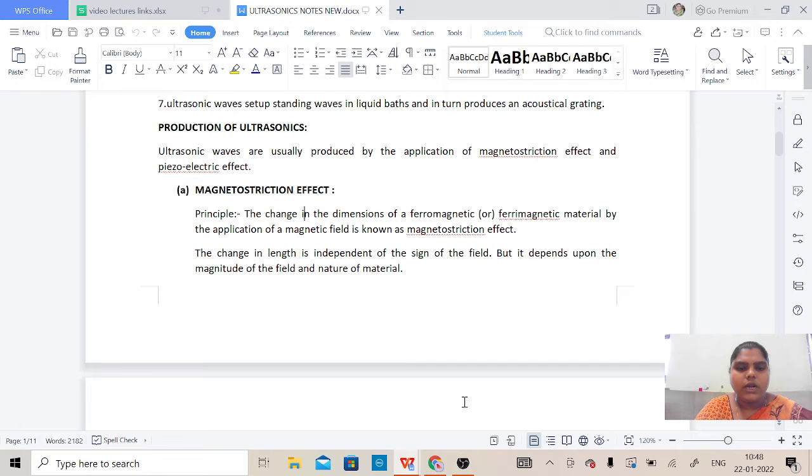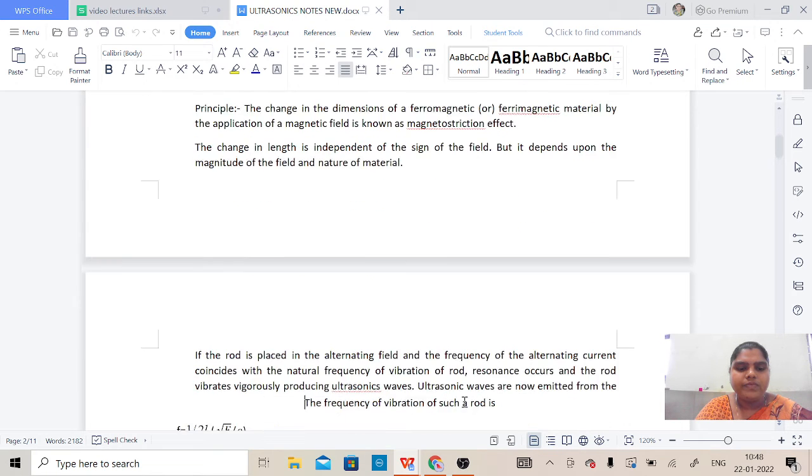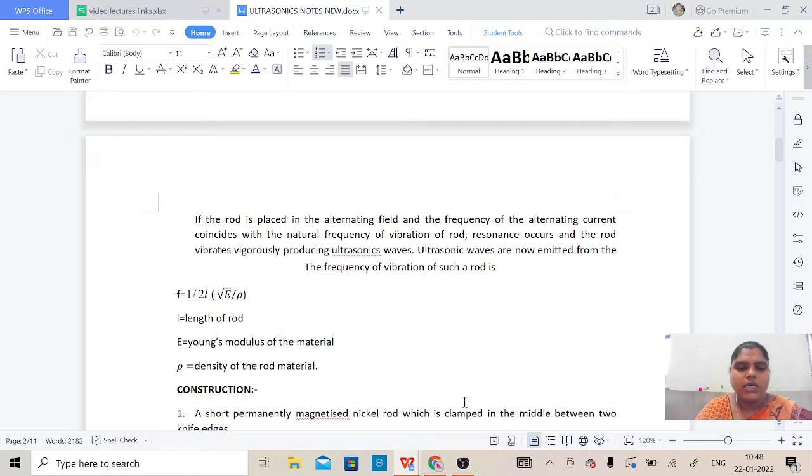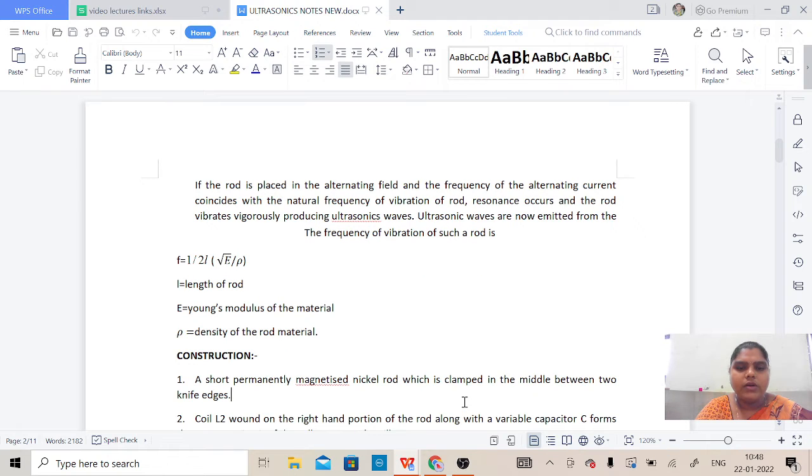Let us see what's happening. If a rod is placed in an alternating field and the frequency of the alternating current coincides with the natural frequency of vibration of the rod, then resonance occurs and the rod vibrates vigorously, producing ultrasonic waves.